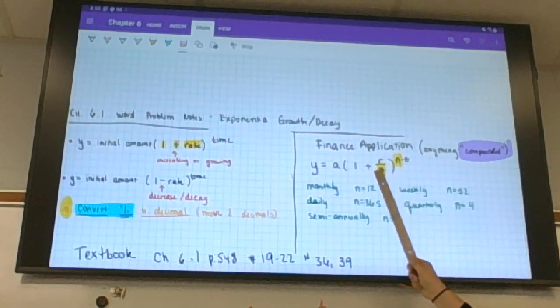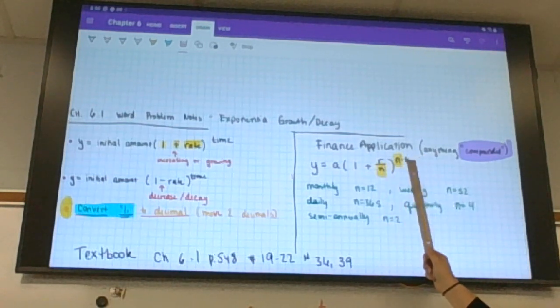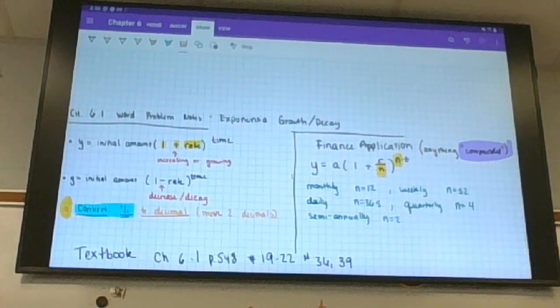So quarterly, I would divide the rate by 4. And that means within the year it happened 4 times, so I would have to multiply the years by 4 as well. So monthly, 12 would go in, and right now most credit cards are compounding interest daily, which means it depends what time of the month you check your credit card balance about how much interest they charge you. They can increase it daily now.